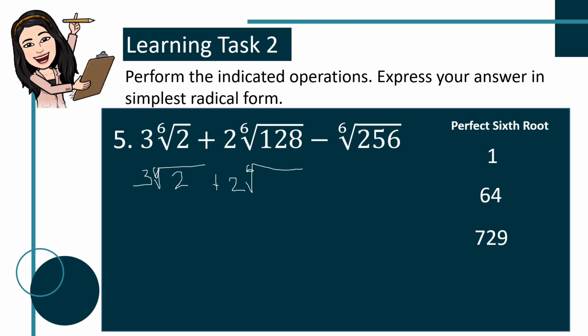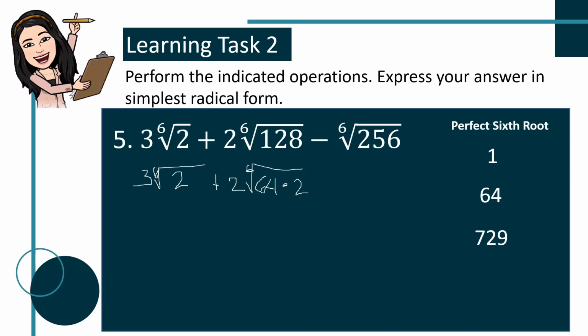Yes po, meron. And that would be if our radicand would be factored into 64 times what? Times 2. Ang 64 times 2 class is 128. Ang perfect sixth root is 64.